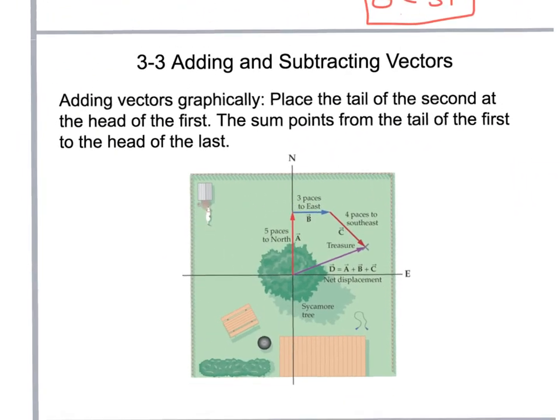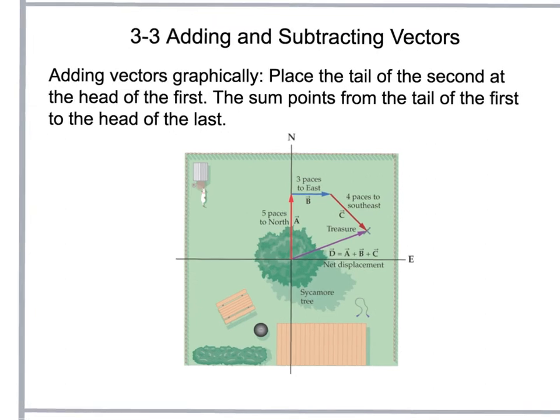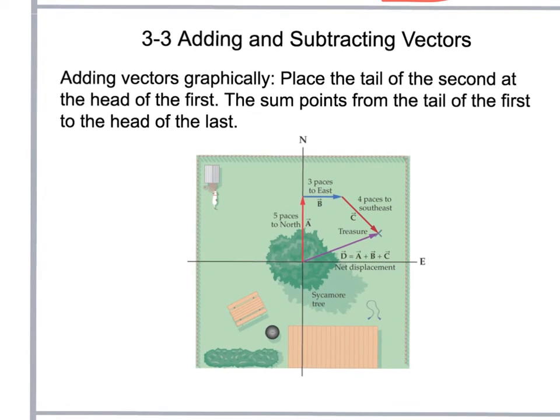A little bit about adding and subtracting vectors. We can add them graphically by placing the tail of the second at the head of the first. That's always something to keep in mind. You can see the picture here where it's head to tail, head to tail, and they're all vectors. So the value of D, when we know what A, B, and C are, is the sum of those together.